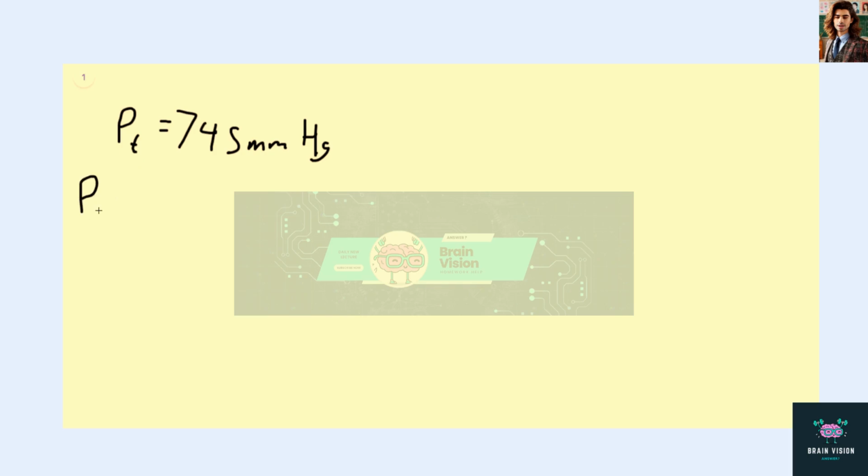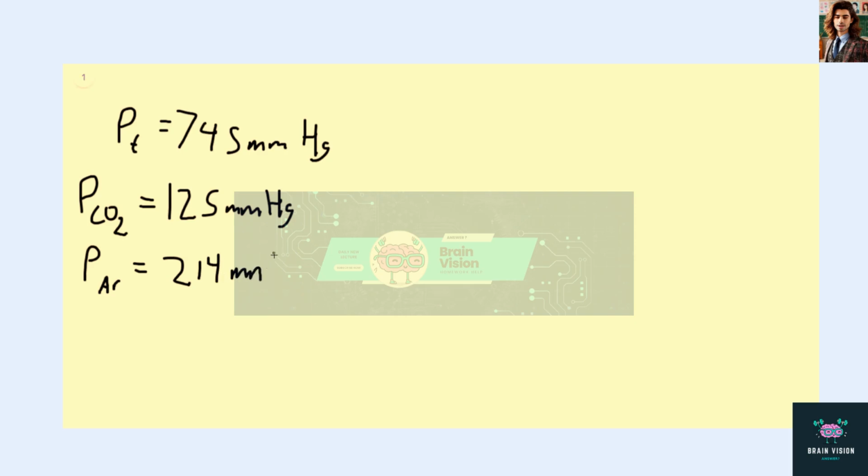Our givens are PCO2 is 125 millimeters of mercury, our PAr is 214 millimeters of mercury, our PO2 is 187 millimeters of mercury, and our PHe, that is what we're trying to find, the partial pressure of helium.